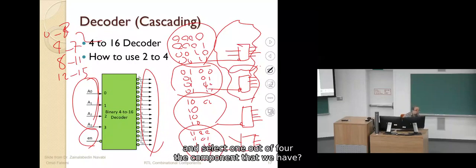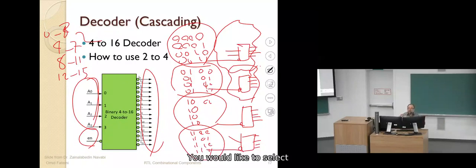The component that we have. What do we have? We have decoder. Decoder does this. Actually, the AND is inside the decoder. You are right, but we moved from the gate level to component now. So you should propose decoder. Why AND?